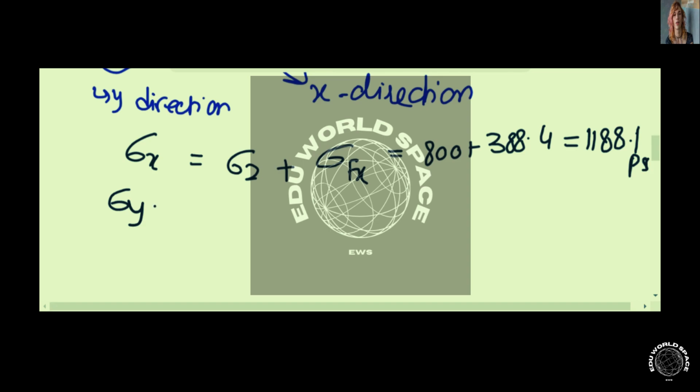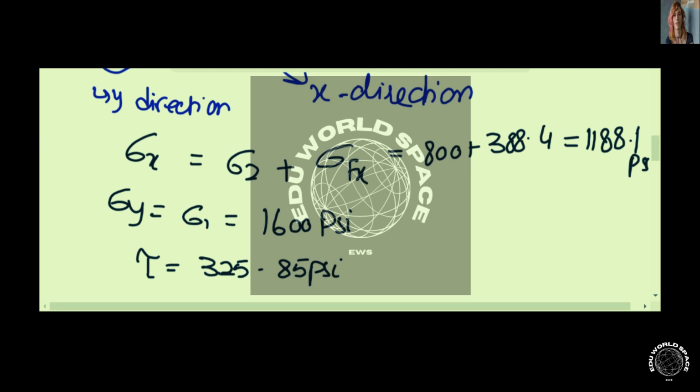Sigma sub y is equal to sigma sub 1, which is 1600 psi, and tau is equal to 325.85 psi.